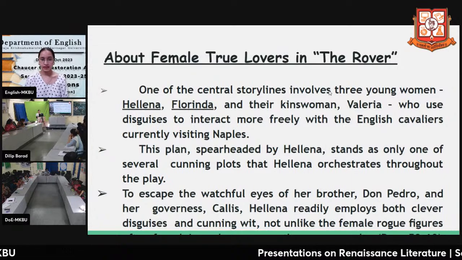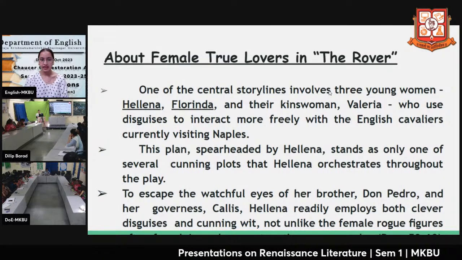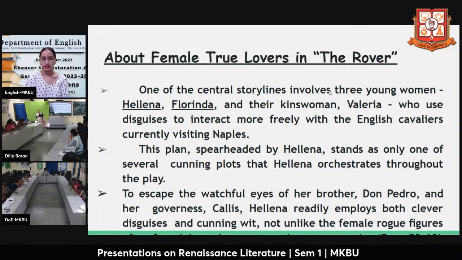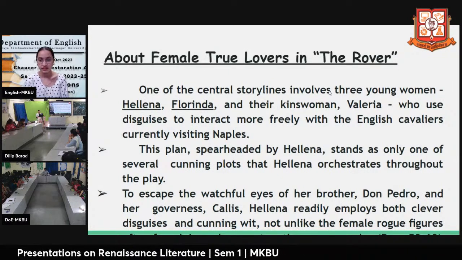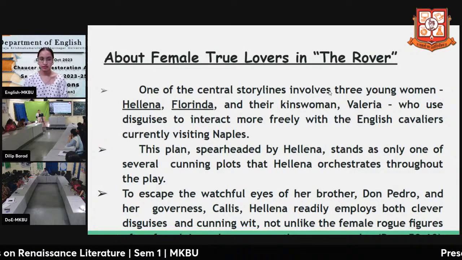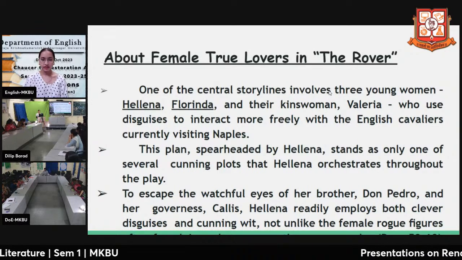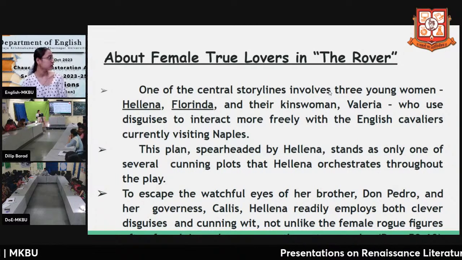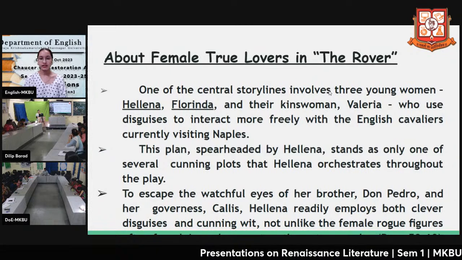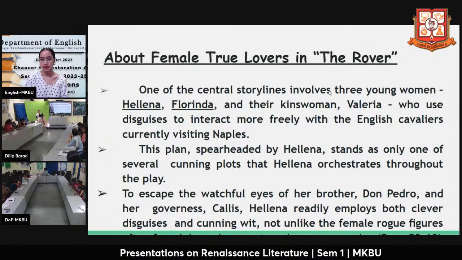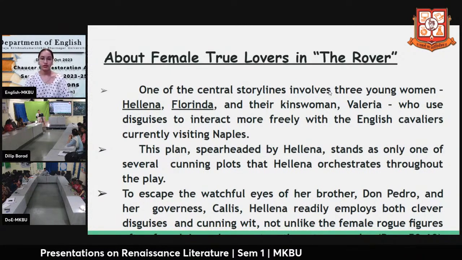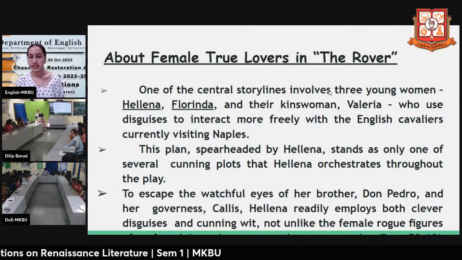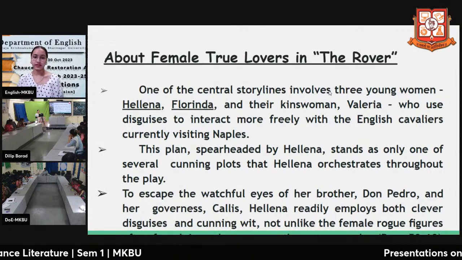About the female true lovers in The Rover: Hellena, Florinda, and Valeria. Hellena and Florinda are sisters, and Valeria is their cousin. One of the central storylines involves three young women, Hellena, Florinda, and then the king's woman Valeria, who use disguises to interact more freely with the English cavaliers currently visiting Naples.